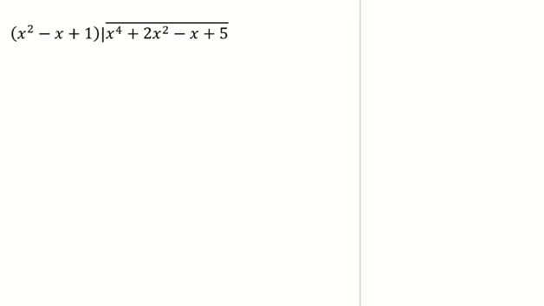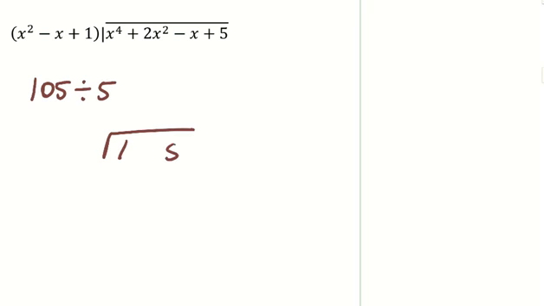This one's going to be a little different because it has 3 terms in the divisor, and moreover, it's got a missing term in the dividend. We go from x to the 4th straight to x squared. What I'll compare this to is, what if you had 105 divided by 5?